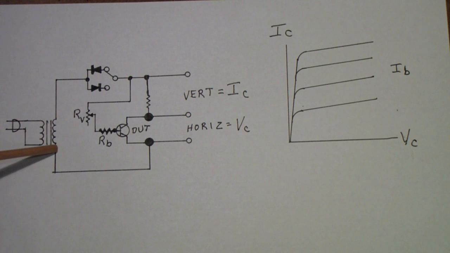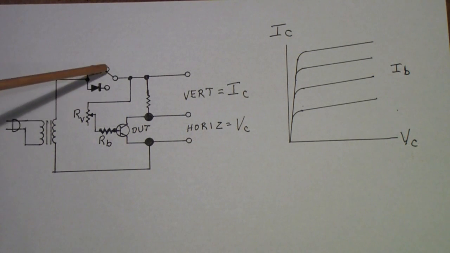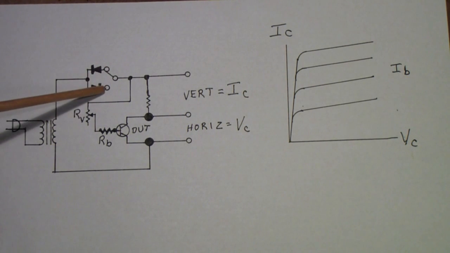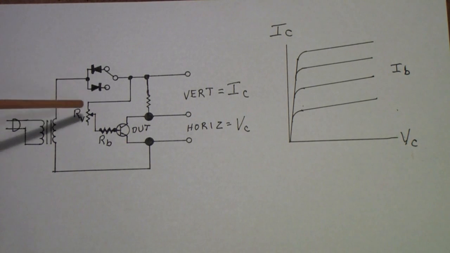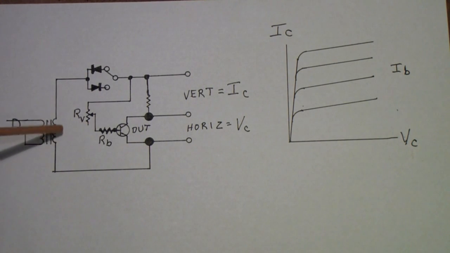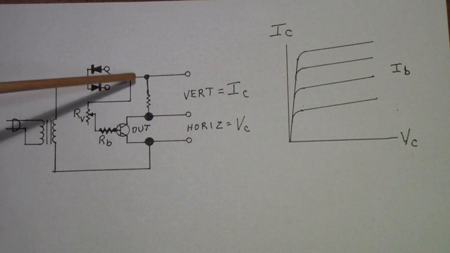created from was a little filament transformer, usually about a 6.3 volt filament transformer. I've shown two diodes here so that you can switch, but you don't even really need the diodes. The problem is that if you don't use the diodes, you may be stressing the transistor because you're applying a negative voltage instead of the traditional.